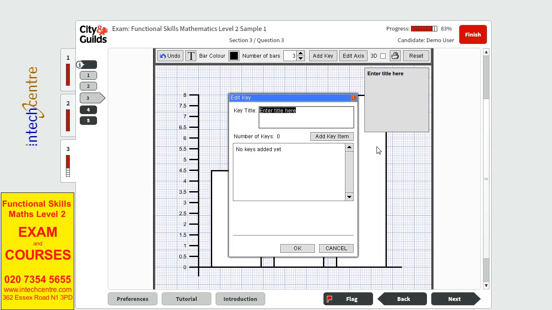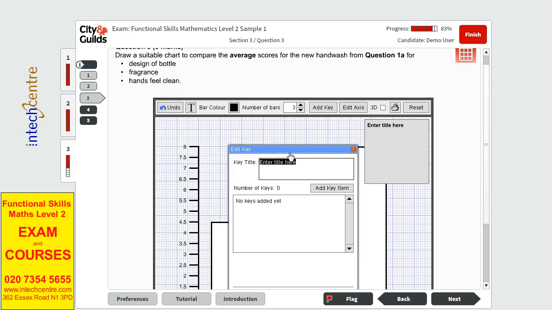Our title will be average of design. Let's see, what should I put? Our average scores.